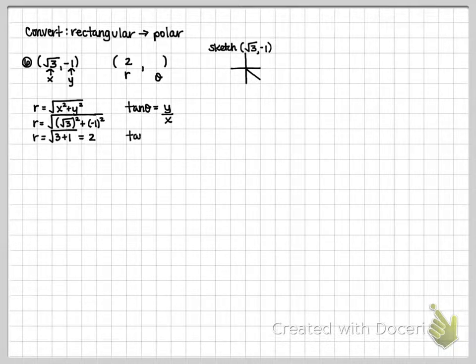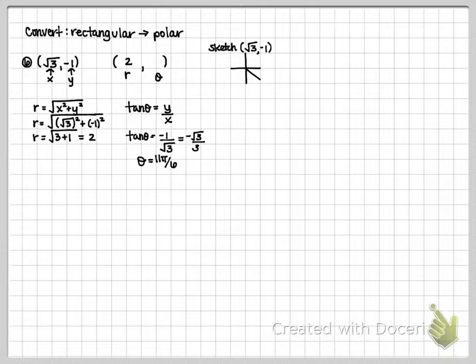So go back to my problem. Tangent theta is equal to, my y is -1, my x is root 3. And if I go through and rationalize this, that gives me -root 3 over 3. So based off of my picture and my knowledge of tangent, this is located at 11 pi over 6, or -pi over 6.